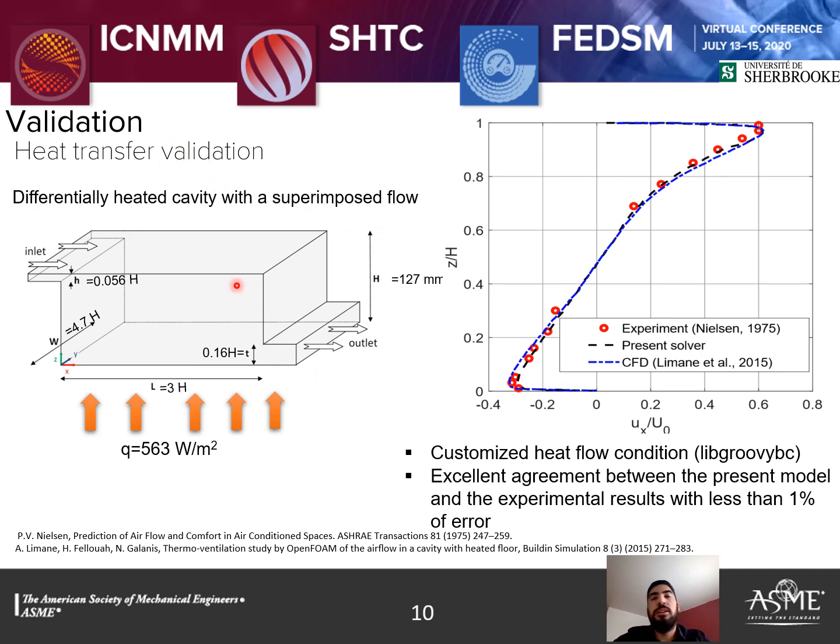Here, the common reference that is usually used is the Nielsen study for a differentially heated cavity with a superimposed flow, where we have the cavity and the ambient air is introduced through the left surface, and the different walls are adiabatic except the bottom wall where a constant heat is imposed. And then the air exits the cavity through the right surface.